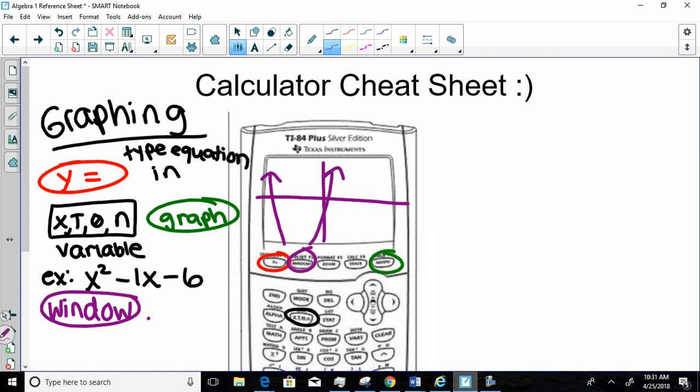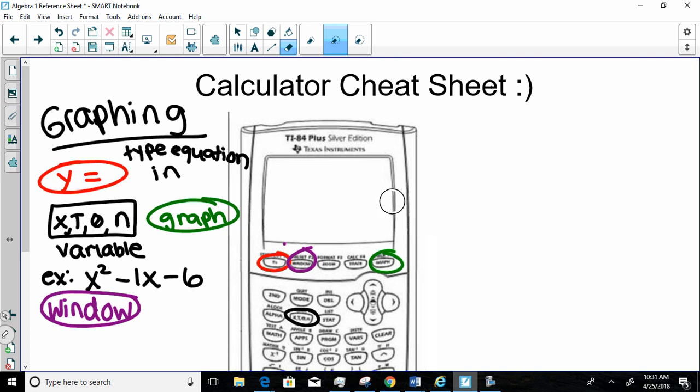You would need to make that y-min smaller, like -20. So right now it should be set to 10, -10, 10, -10. And so I would use a calculator. When you're looking at the window, it helps you change the settings if you can't see the part of the graph that you want to see. So you do that by going to the window and playing around with the axes.